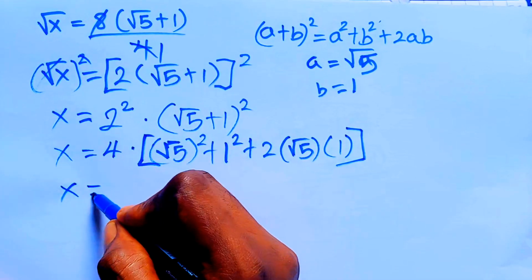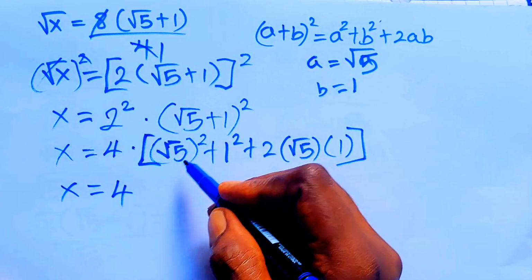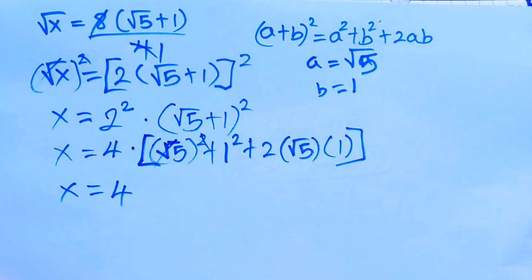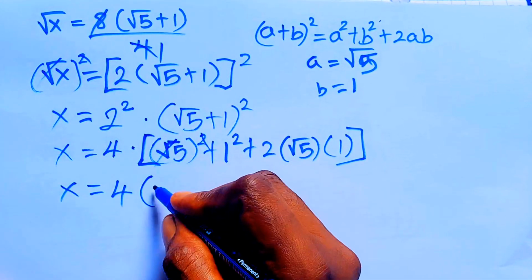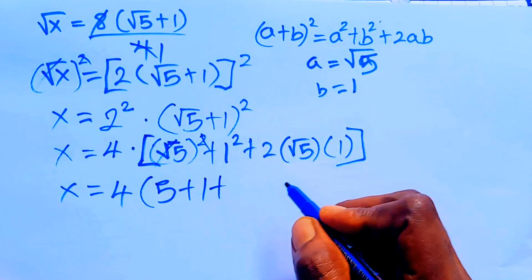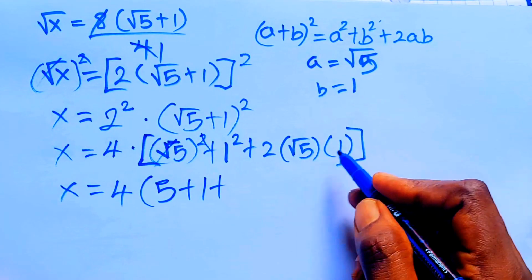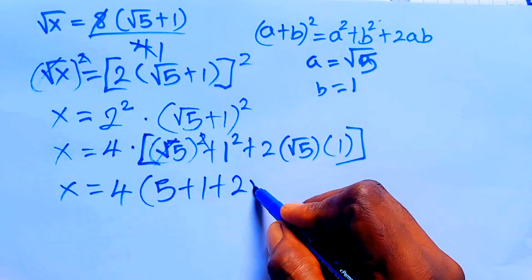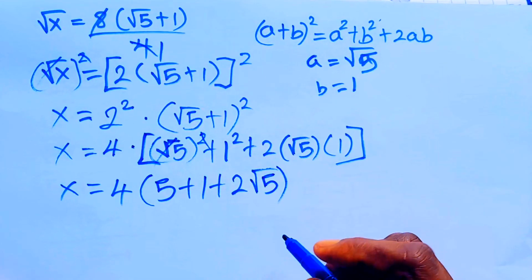So x will be equal to 4. Then this square here will cancel out this square root here, and we'll have this to be 5, plus 1 squared is 1, okay? Then plus 2 times square root of 5 times 1 will give us 2 square root of 5. And this is what we have.